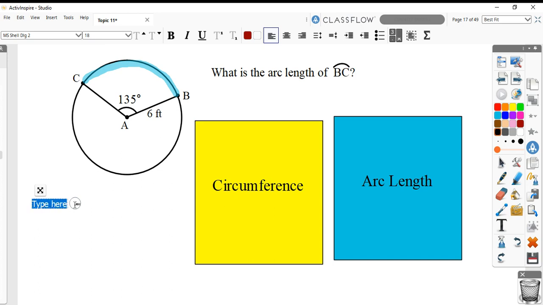Go ahead and write down these 3 steps. Step number 1 is find the circumference. Step number 2 is find the central angle fraction. And step number 3, we're going to multiply those 2 numbers together.